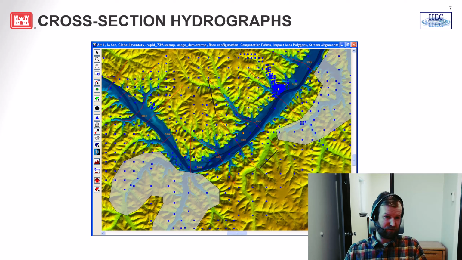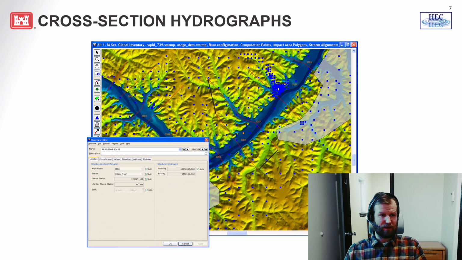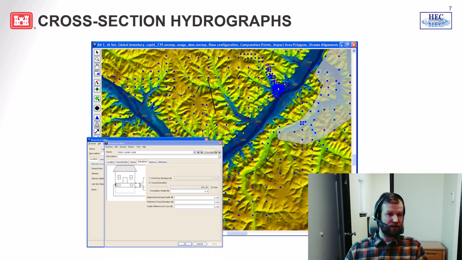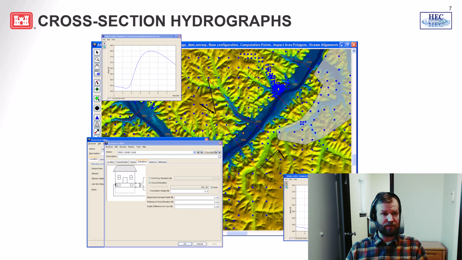So, for example, we've got these two cross-sections with the structure right in the middle, and FIA determines the structure height and the foundation height. And then using the two hydrographs for the upstream and downstream cross-section, we have a water surface interpolation.